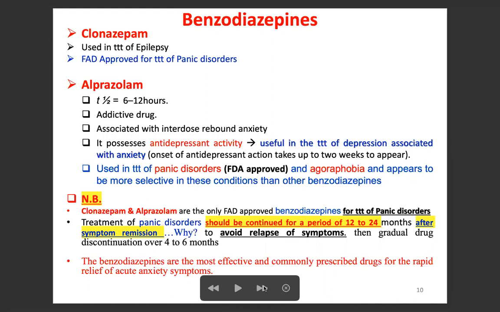So, for example, if the patient feels well without panic symptoms, the treatment should be continued for the next 4 to 6 months for gradual withdrawal of the dose, otherwise the symptoms will reoccur.